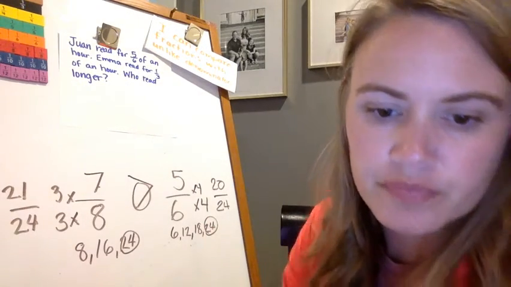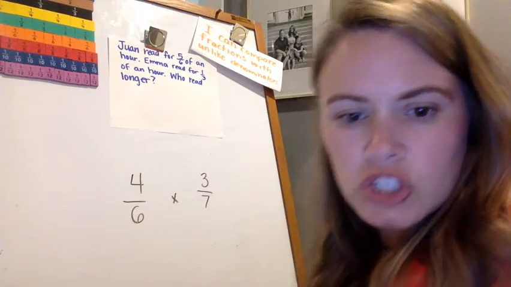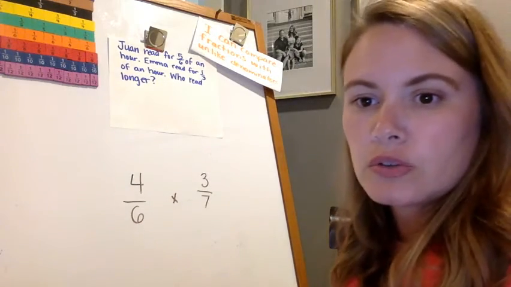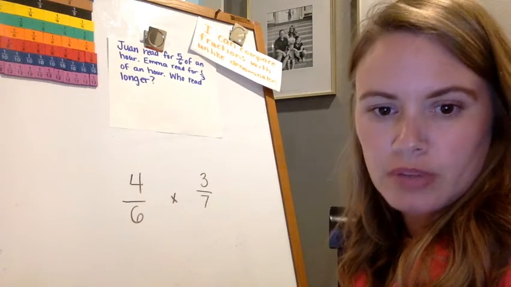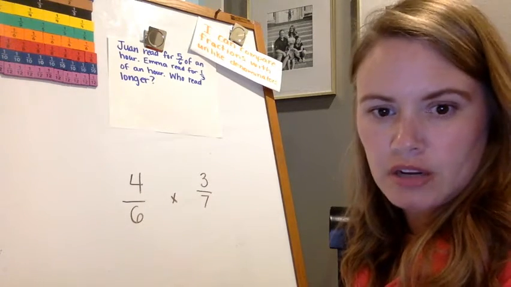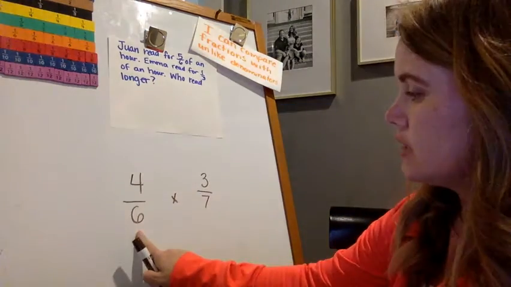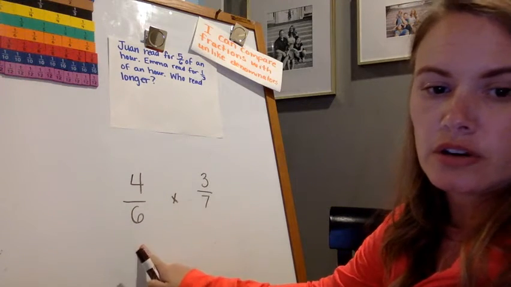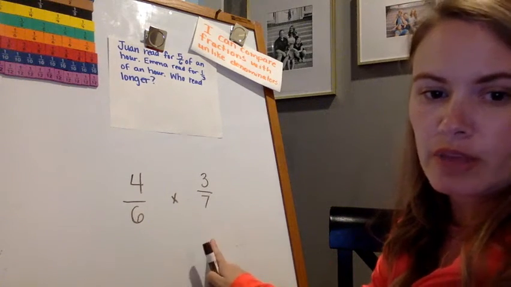And I would say that 21/24 is greater than 20/24. I am going to end by showing you a real quick trick that you can use, and that is cross multiplying to find a common denominator. So what you can do is multiply the opposite denominator to get a common denominator when comparing.